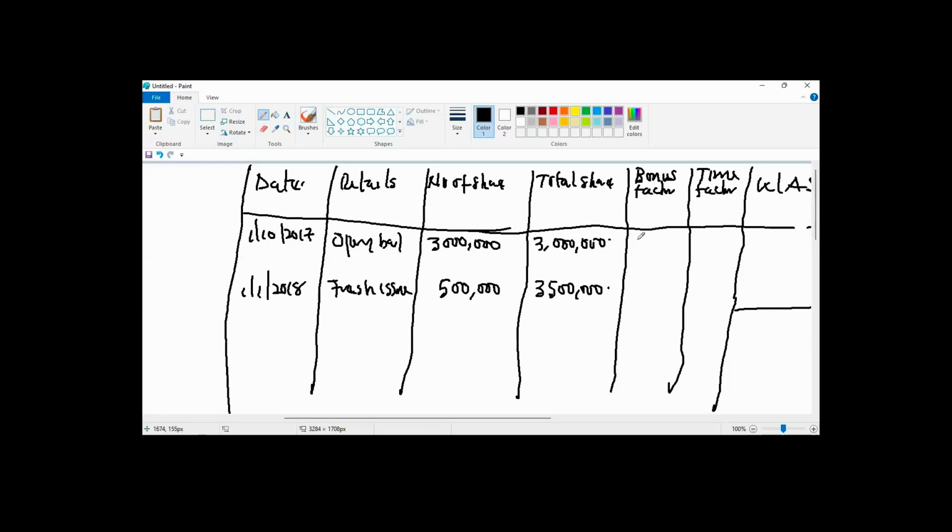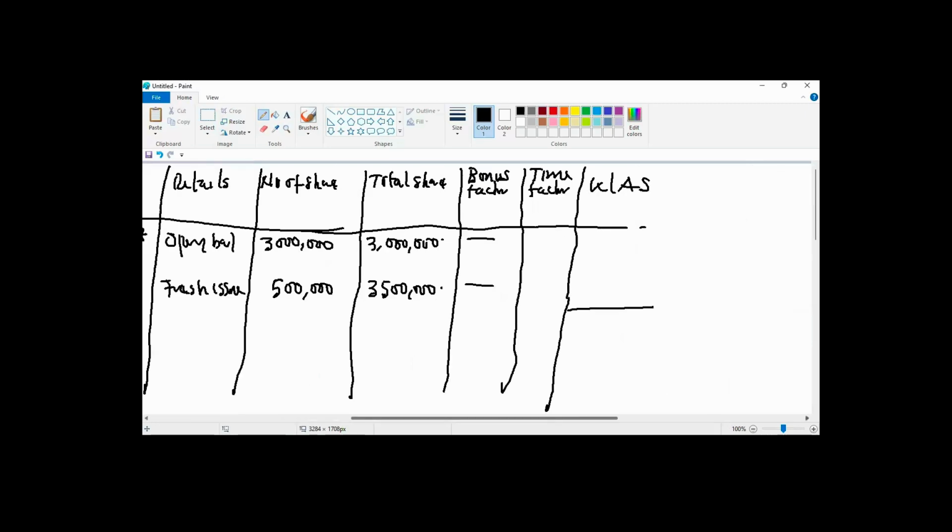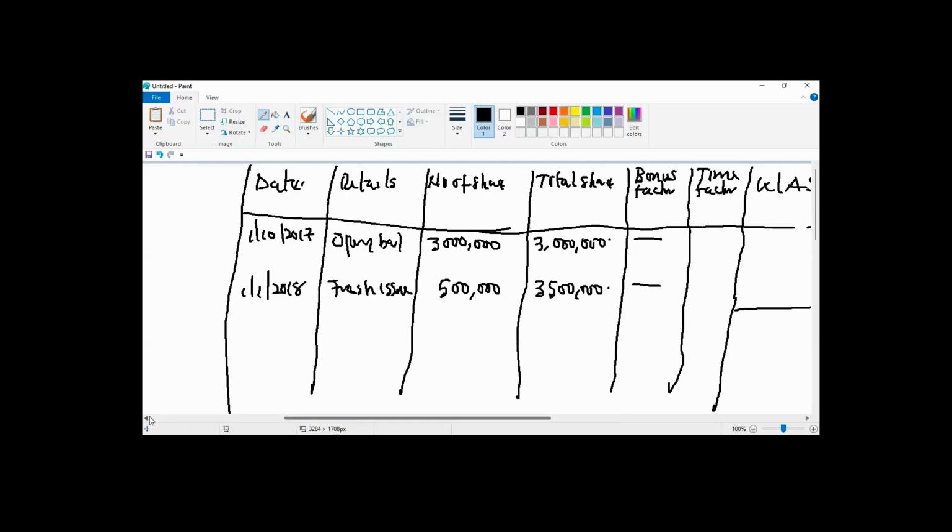I will dash bonus factor; you do not have a bonus issue here. From 1st October to 1st of January, how many months? October, November, December, 3 months. This will give me 3/12. Then from 1st of January to 30th September, 9/12.